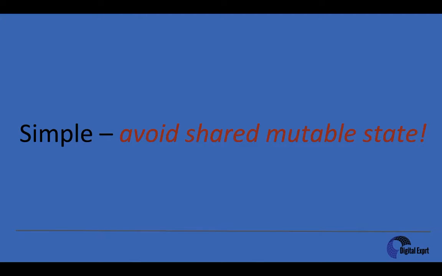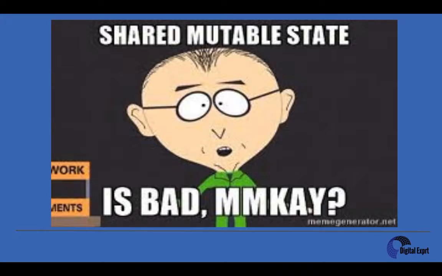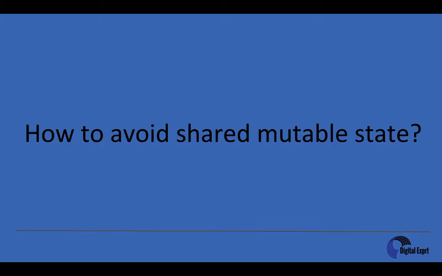So again, in a more cartoonish way, shared mutable state is bad, okay? And we need to keep that in mind. Okay, so that's easy to say, but what is not so easy is figuring out how we avoid shared mutable state, because it seems to be creeping up everywhere we look.